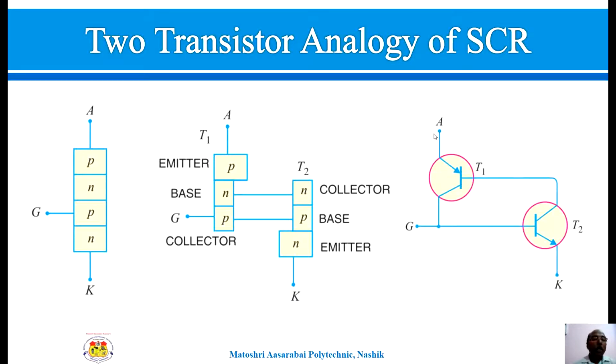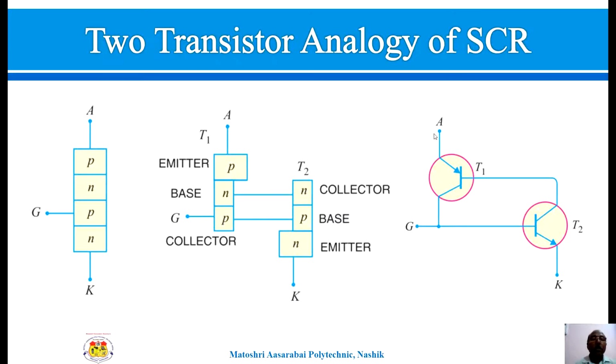Now the next concept is the two transistor analogy of the SCR. We know that SCR has 4 layers and 3 terminals. Now I can split these 4 layers into 2 transistors like this, T1 and T2. T1 is a PNP transistor and T2 is an NPN transistor.